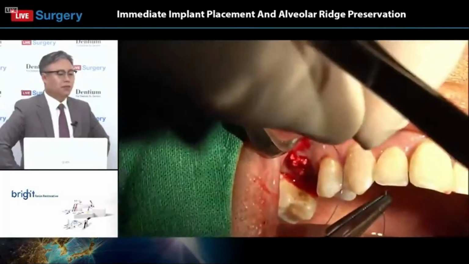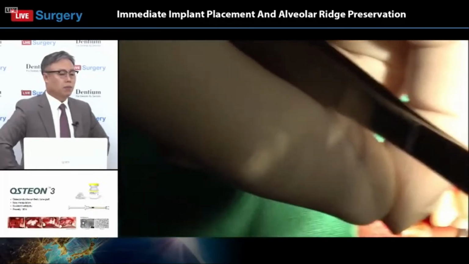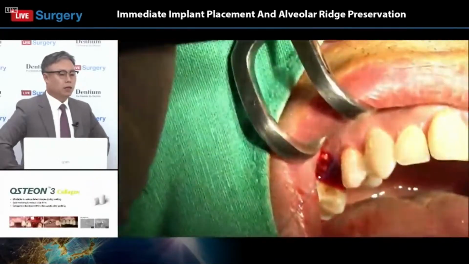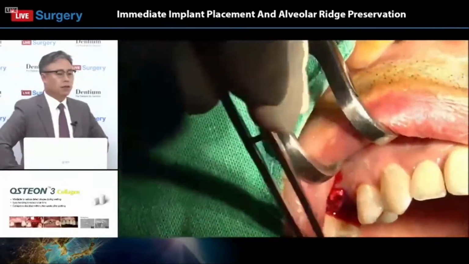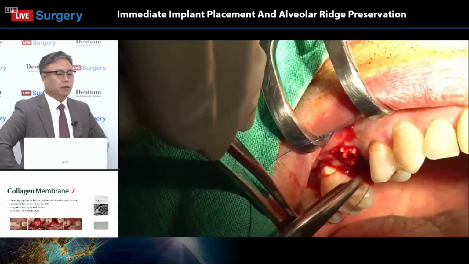Yeah, sometimes it's difficult to make the suture on the buccal and palatal side. It takes time. The same thing happened to me.